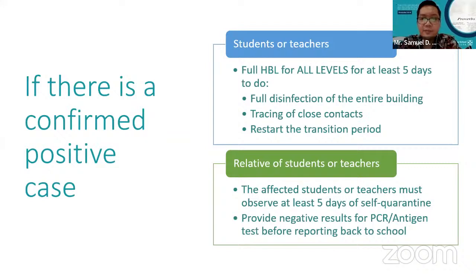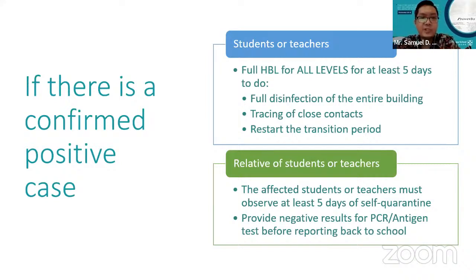For relatives of students or teachers, the affected student or teacher must observe at least 5 days. So if, for example, you are tested negative for COVID, but you have someone at home, maybe your parent or your mate, anyone who stays in the same house with you, who contracted COVID, then make sure you don't report to school.